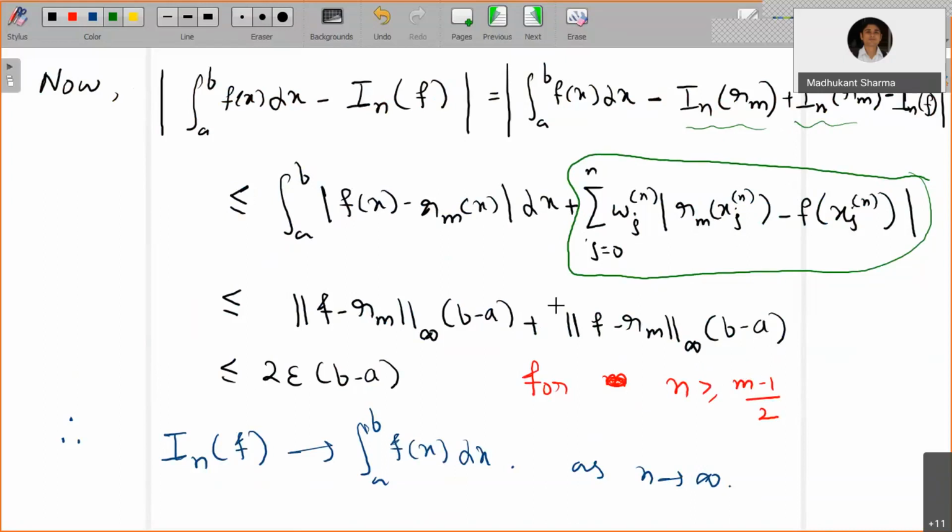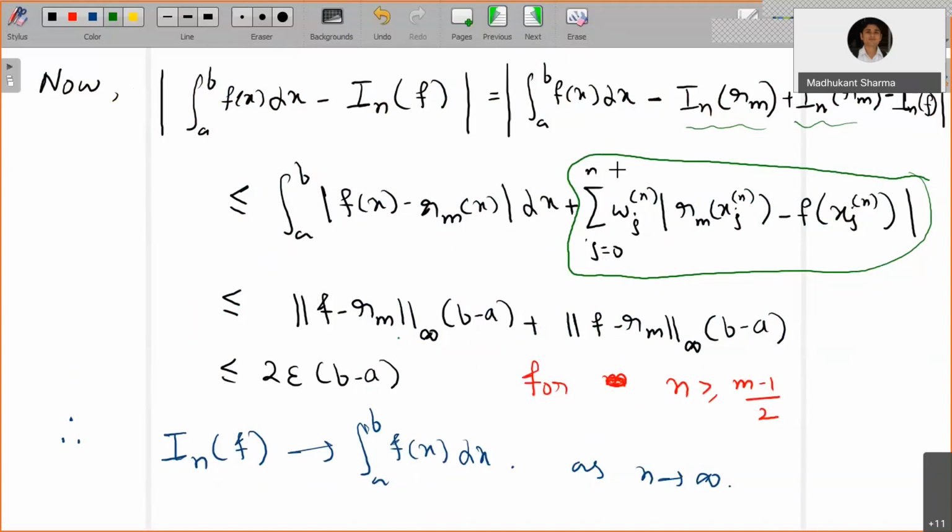So what we are doing here is for m less than or equal to 2n plus 1. This is going to be bounded. So the integrand is bounded by the norm. In the maximum norm, you are taking the maximum over the interval x in a to b. That will give you the maximum norm times b minus a, the length of the interval, plus this also can be taken out from the summation, giving the maximum norm times the summation of j equals 0 to n of wj of n.